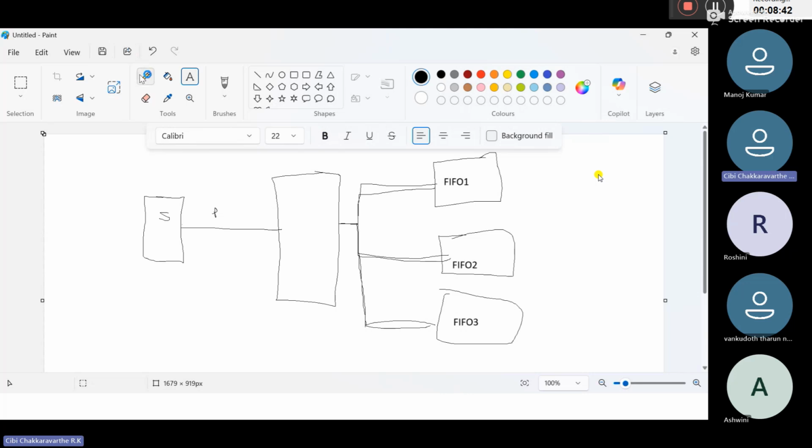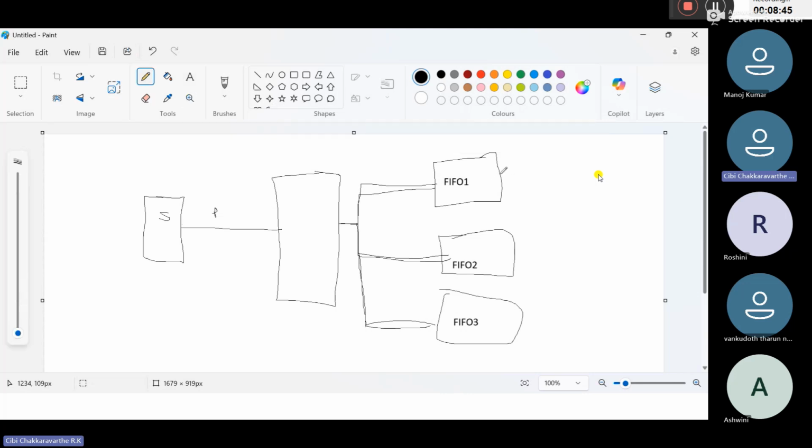Instead of considering this as a device, consider an outside destination. Let's consider this one as D1, that is destination 1, this one as destination 2, and this one as destination 3. So this FIFO will have a connection with the destination. This is the change.